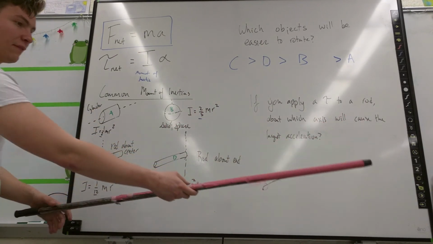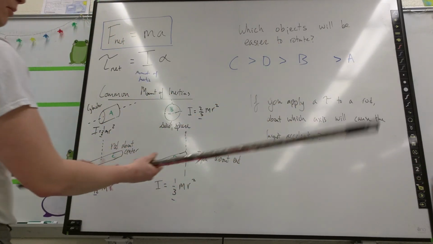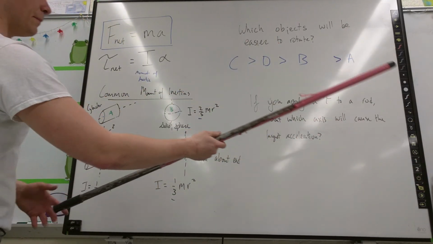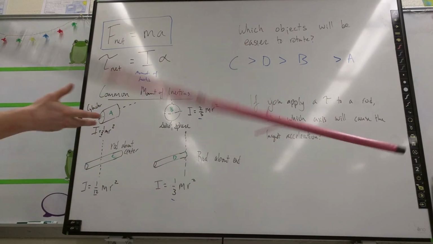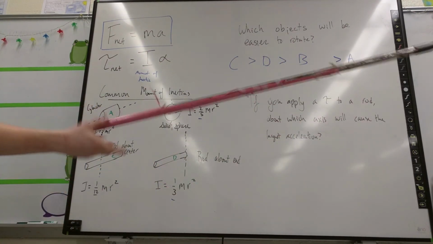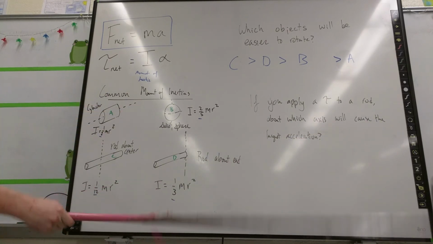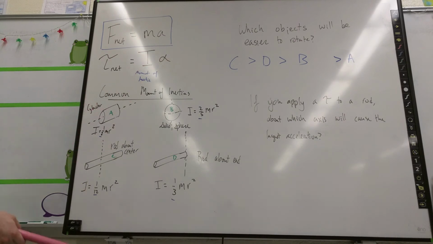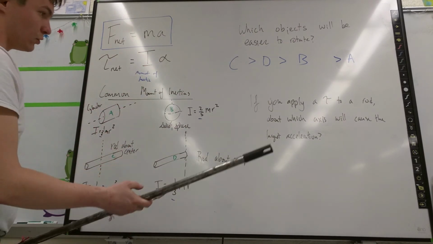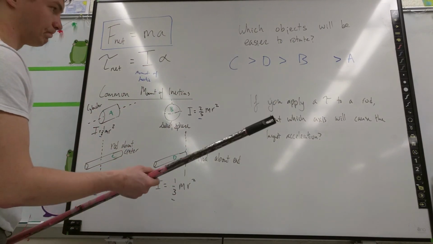If I generally give this the same force, I can accelerate my rod, something like that. And given the same force, this is a little bit harder to get moving because there's so much weight out there. And if this rod was even longer, I would have to apply even more force to start accelerating it.